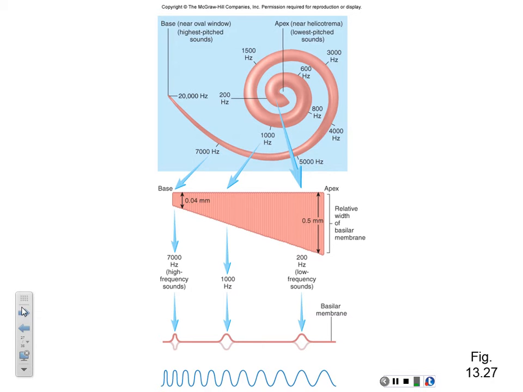It can go down to 50 or so hertz, that's very low. 200 hertz is low pitched sound, the bass sound that hits later on. So this is 7,000 hertz to about 200 hertz.